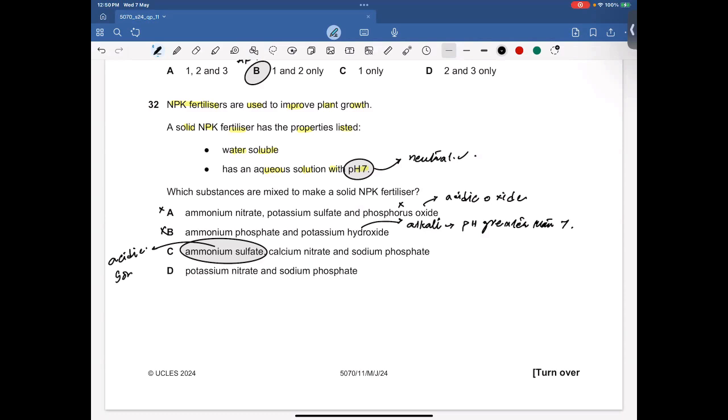Acidic solution. So ये technically मुझे less than 7 pH. So मुझे neutral solution नहीं मिलेगा. तो right answer is going to be D because ये भी neutral solution देगा मुझे.